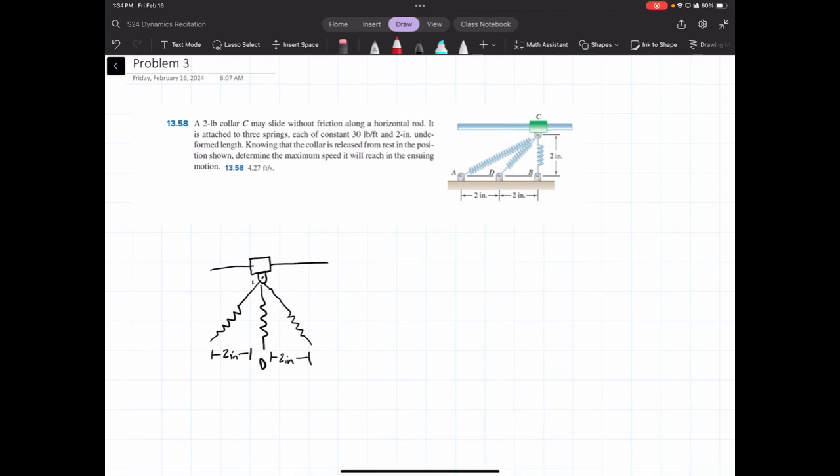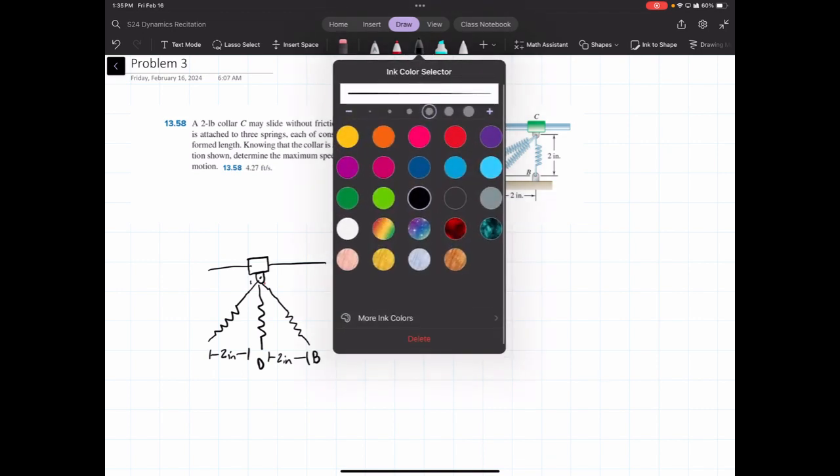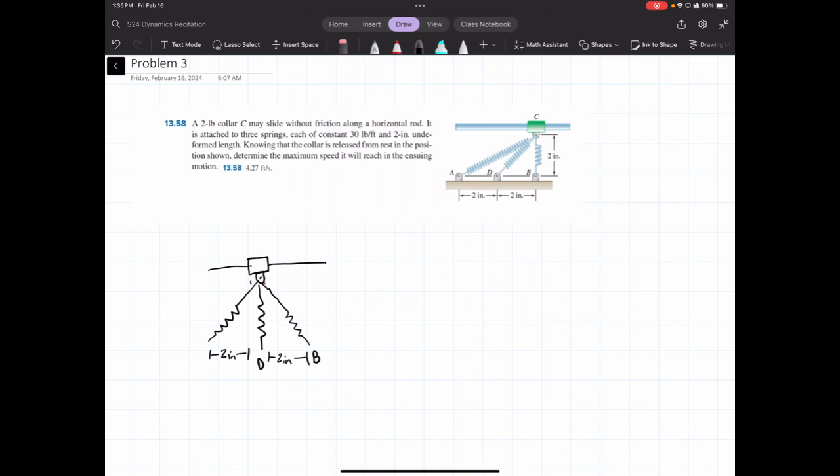So the x component of spring B, which is here, the x component of that force is going to be pulling the collar back in that direction. And spring A, the x component of spring A, is going to be pulling the collar in this direction.